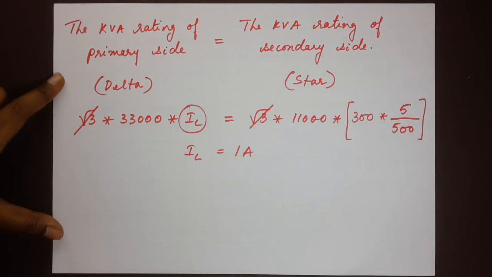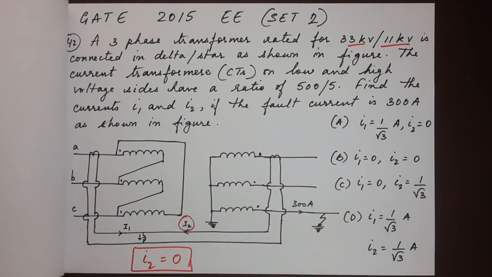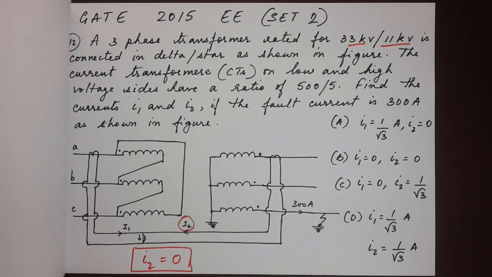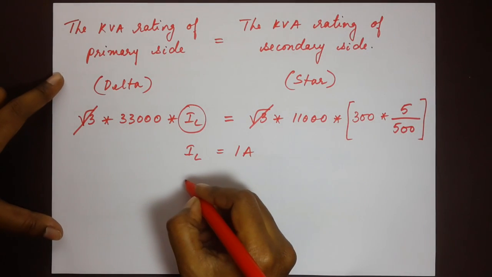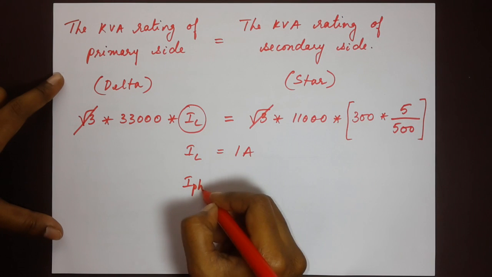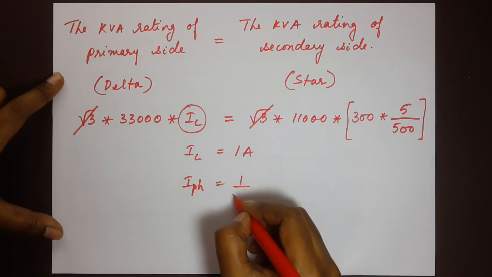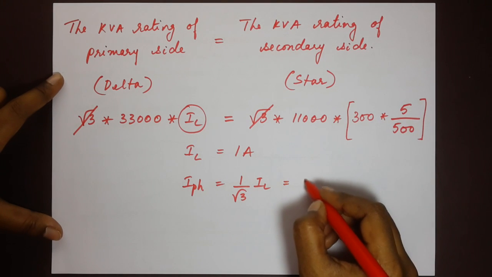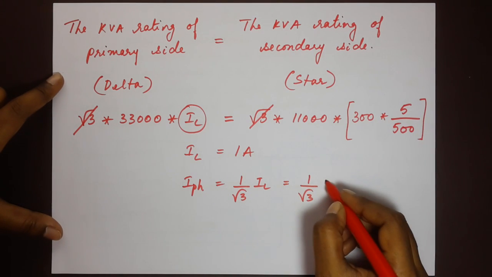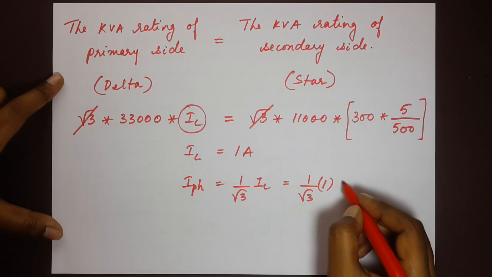Now we need the phase current because we are finding out IL from the primary side and that's the delta connection. Be very careful with the line and phase though, okay? So I phase equals 1 by root 3 times IL. IL is 1 amp, so root 3 times 1 ampere.